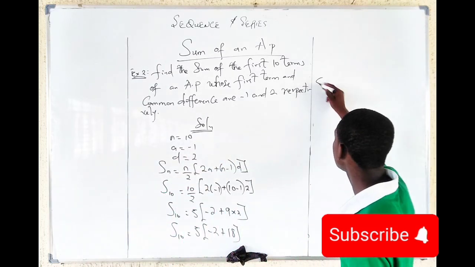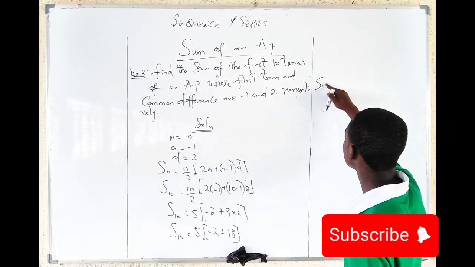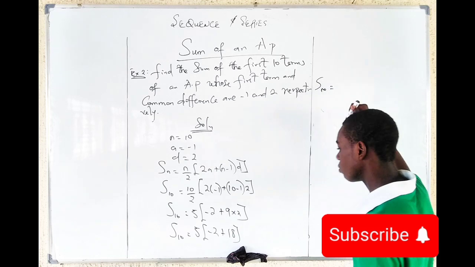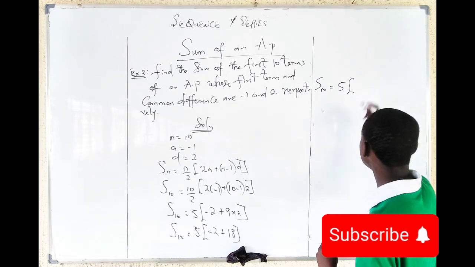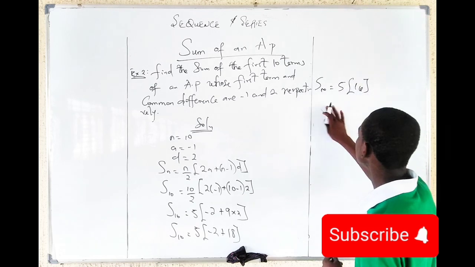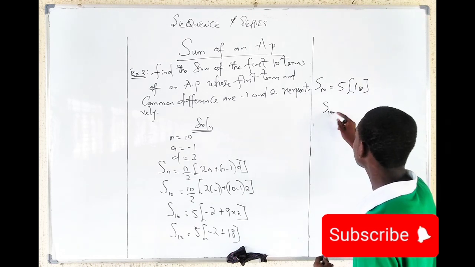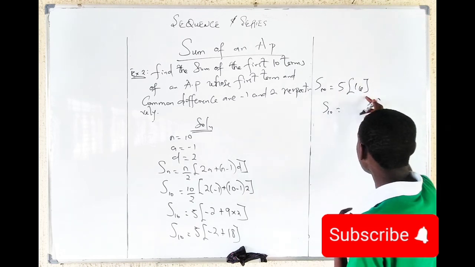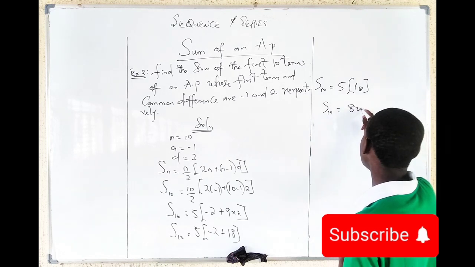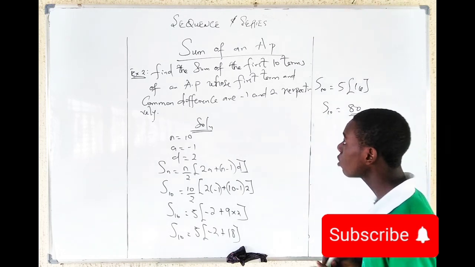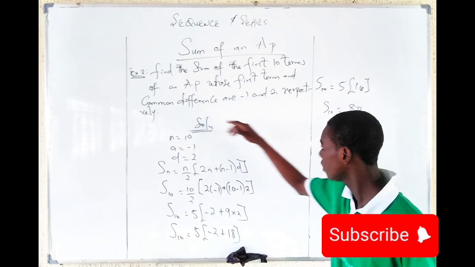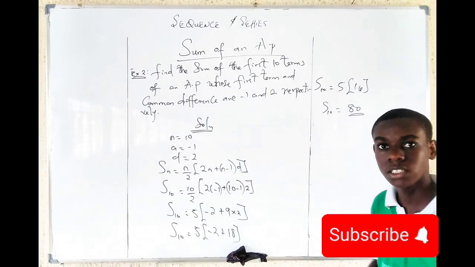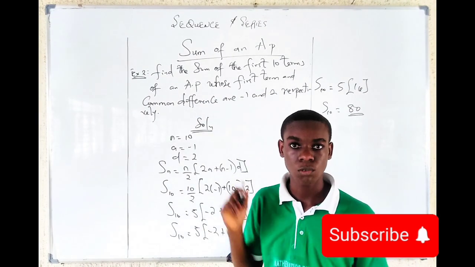So that will be equal to 5 into minus 2 plus 18, which is 16. So finally, the sum of the first 10 terms will be equal to 5 times 16, which is 80. So the sum of the first 10 terms of this AP is 80. So 80 is the correct answer to the question.